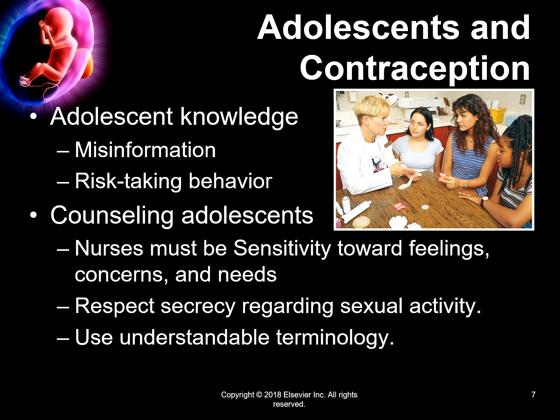They pretty much consider themselves sometimes invincible because that's just the nature of adolescence. And so we need to really pay great attention to this group as nurses, and counsel them thoroughly. They listen to people who take time to be sensitive toward their feelings and their concerns and their needs.